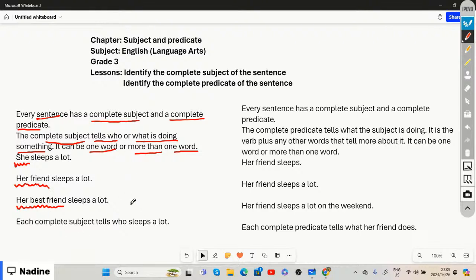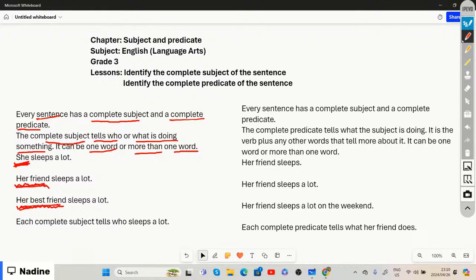So all three of those are literally the subject of a sentence, right? Because it tells us who is doing something. And we say that it can either be one word, like over here, or it can be more than one word.